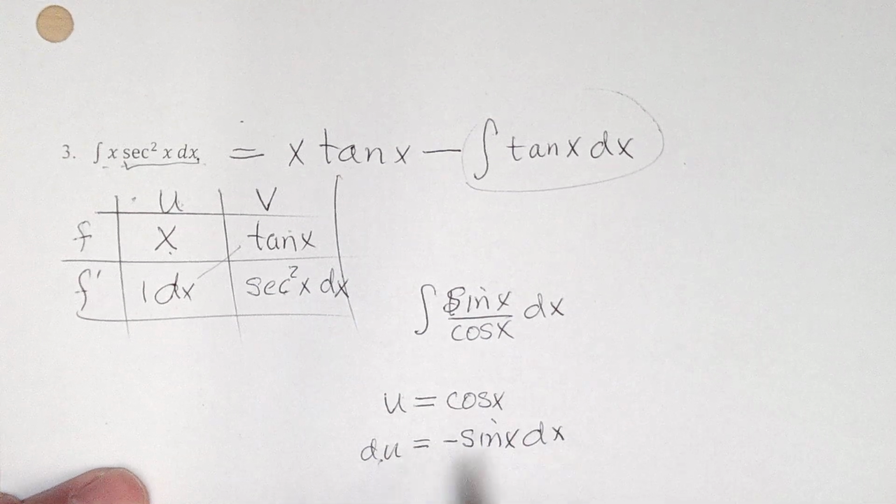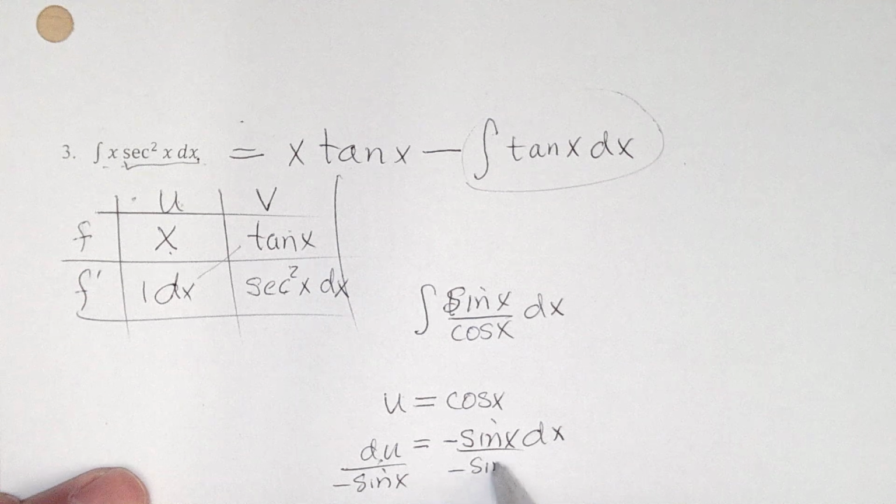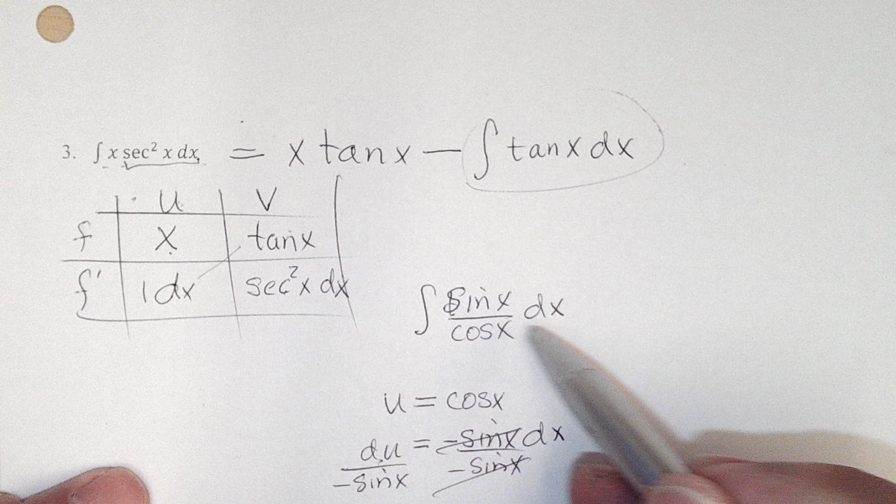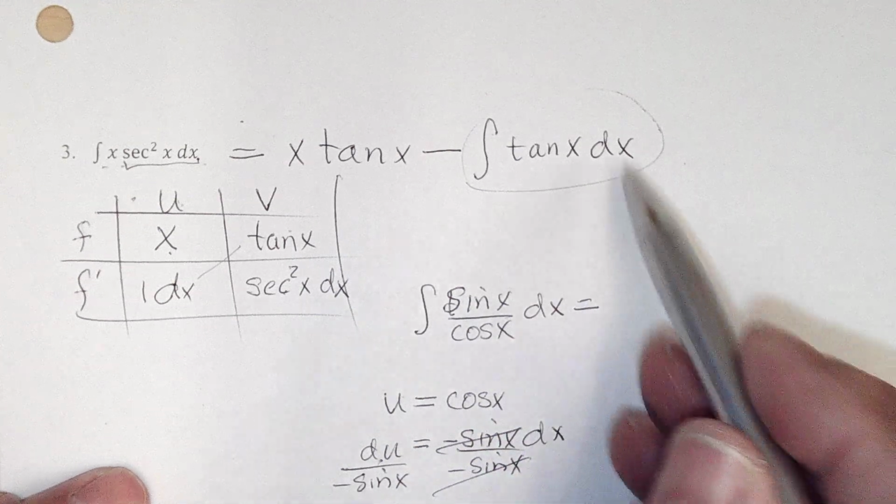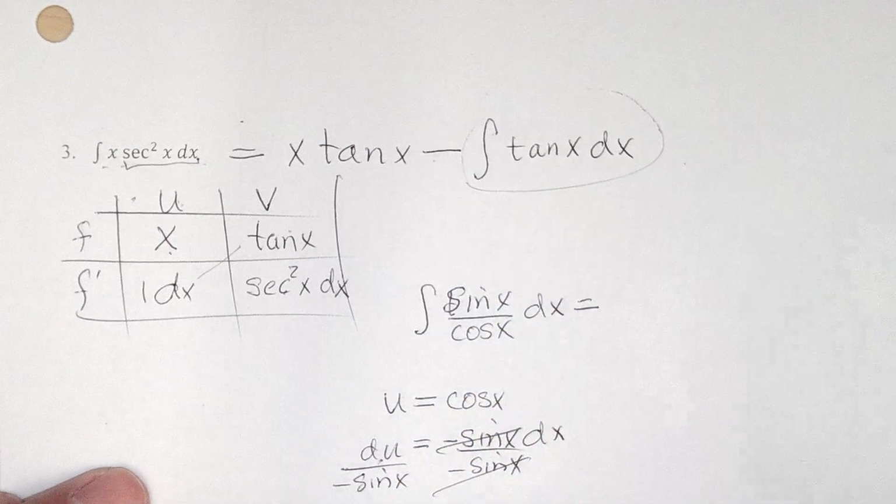And we divided by negative sine, both sides. And so we get this to change to this integral of the tangent, and it's subtract, but we're going to just work on the tangent.